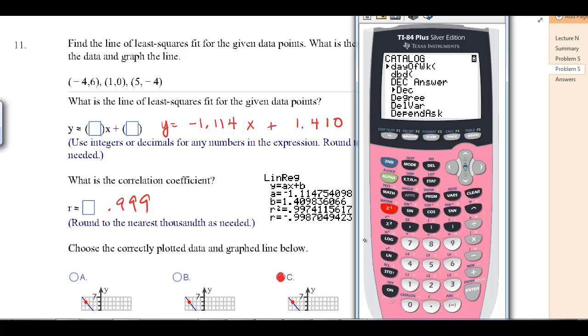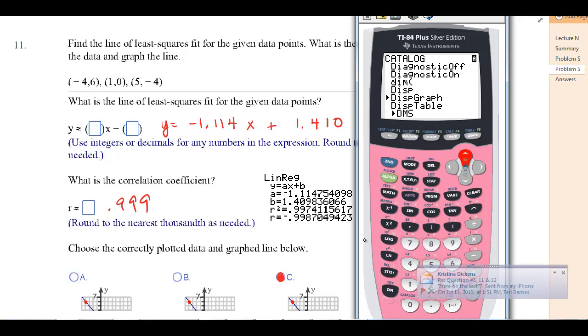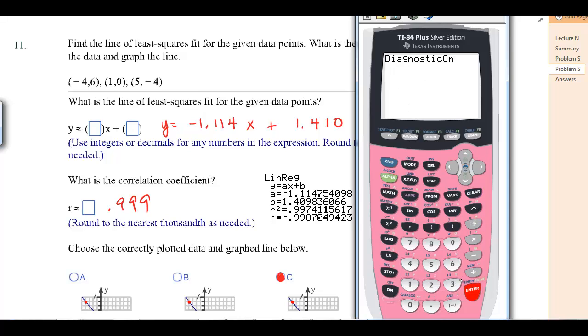Hit that and it will take you to the D's. Then we're going to scroll down till we come to diagnostic. Okay, I'm going back up, and I want to make sure they're on, so I will hit enter and enter. Okay, so I've turned those on. That's what you need to do for this question.